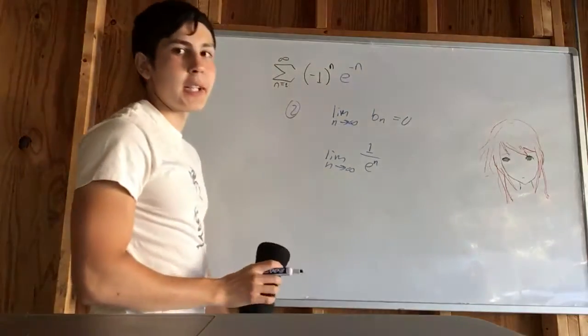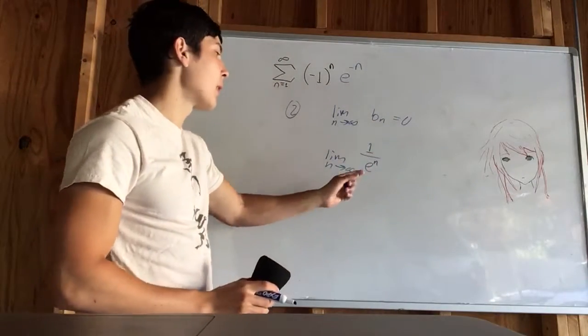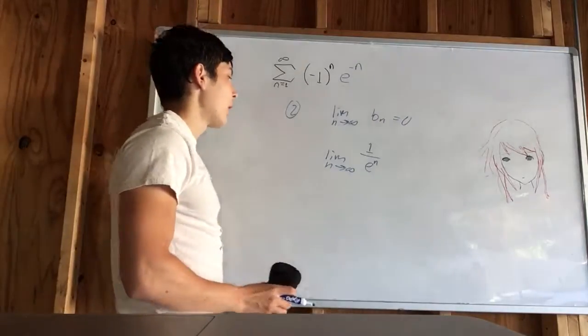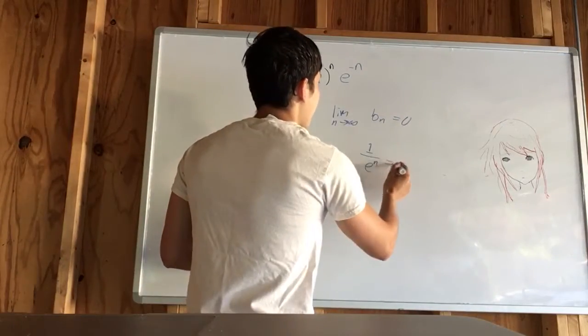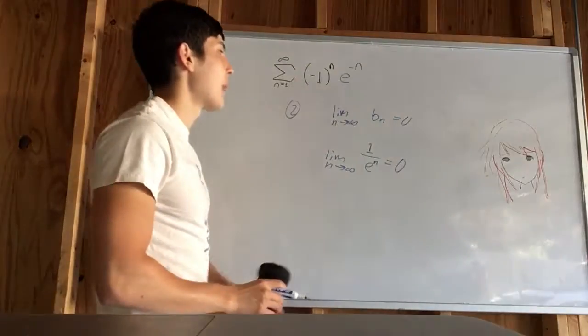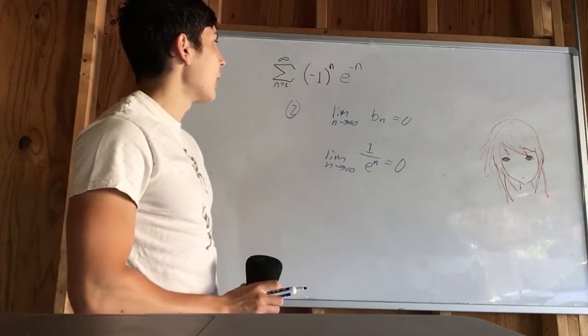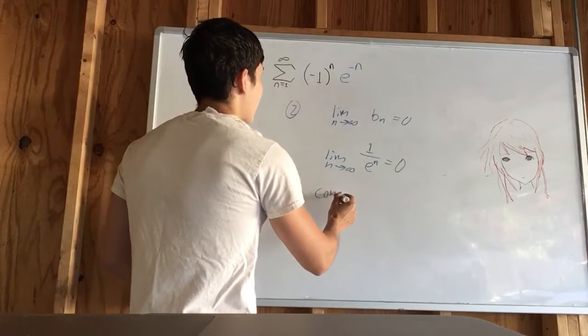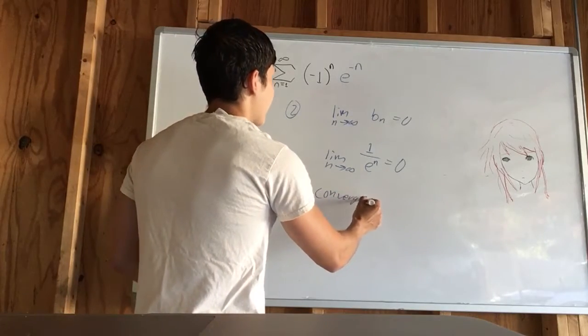So we're plugging infinity into an exponent in a denominator. So 1 is being divided by infinity. That would go to 0. So yes, it passes the second round. And therefore, this thing converges. It converges by the alternating series test.